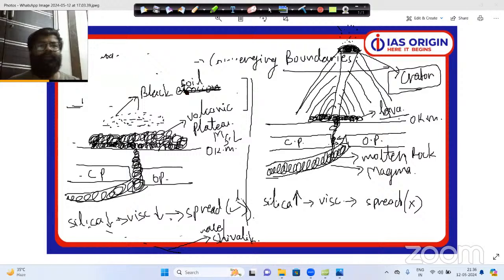You will see cotton in alluvial soil also. And there is tobacco in the black soil, but you will see tobacco in the red soil also in the Andhra Pradesh and Telangana region. But for cotton production, black soil is the best soil, not just in India, but in the whole world. That's why this black soil is also known as cotton soil or Regur soil.